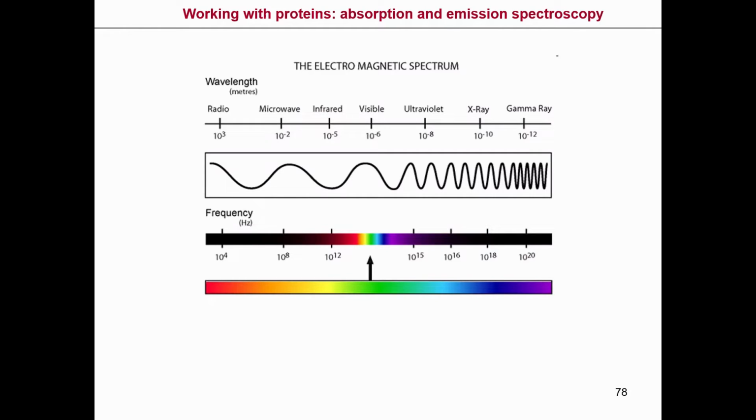When it is emitted, it is the emission spectroscopy, the same as fluorescence. And when the radiation is absorbed by a molecule, it is the absorption spectroscopy.